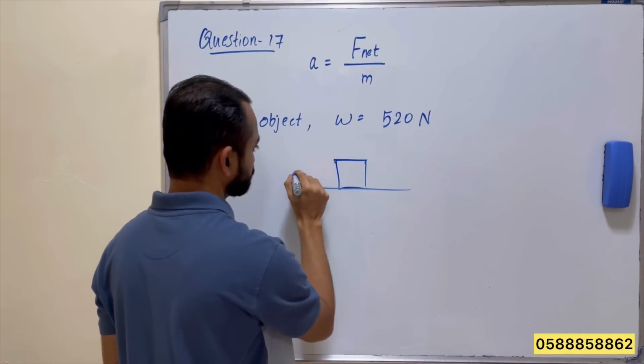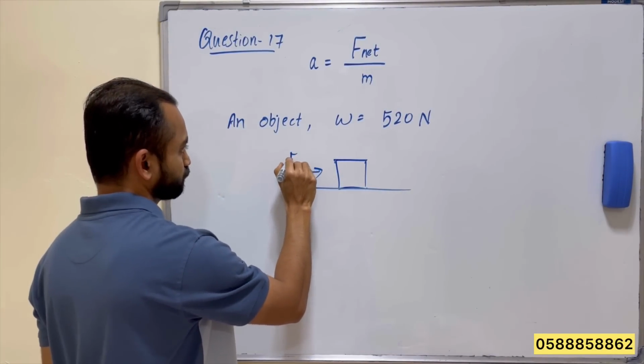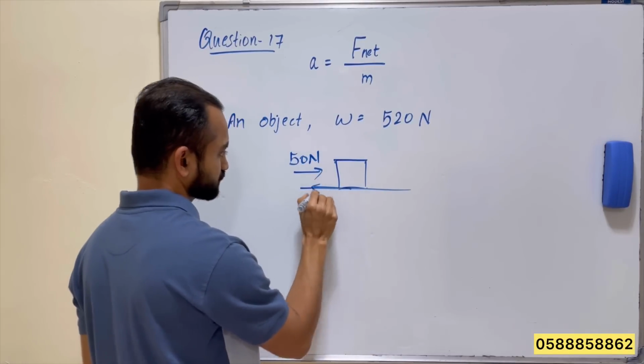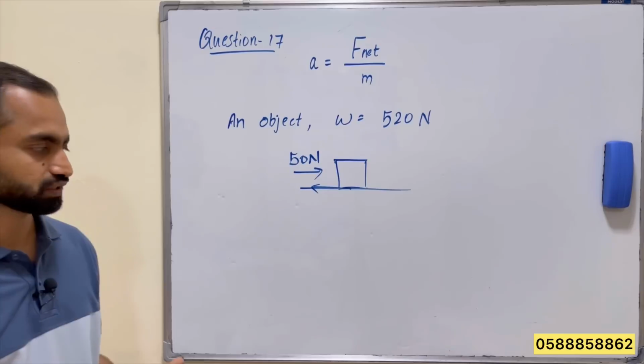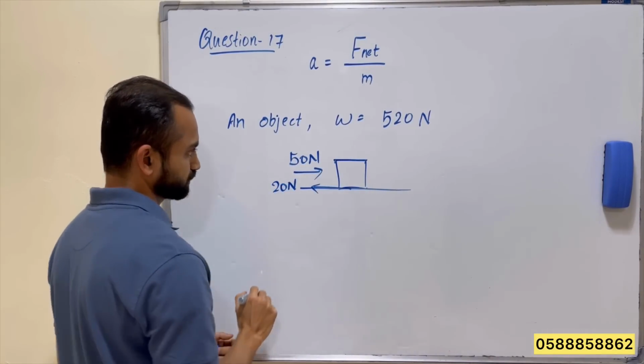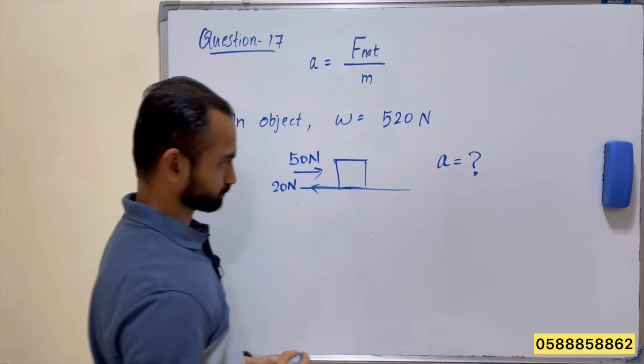You are applying a force of 50 Newton, and there is a frictional force acting in the opposite direction. Frictional force always acts in the opposite direction, 20 Newton. And the question is to calculate the acceleration.